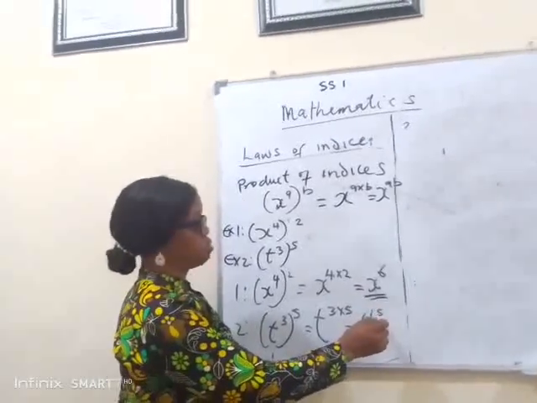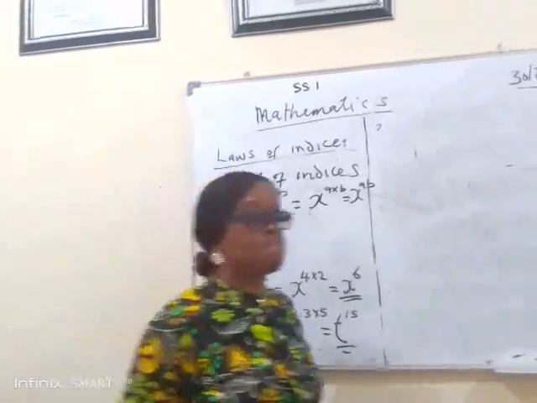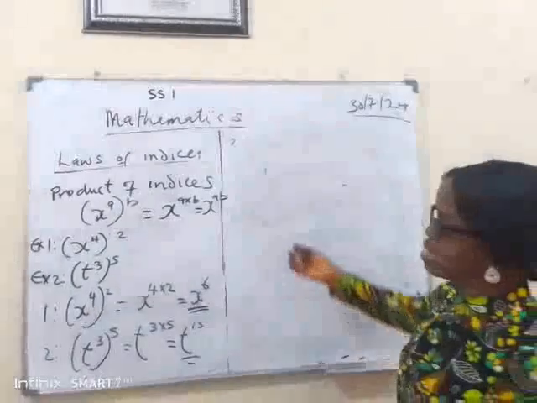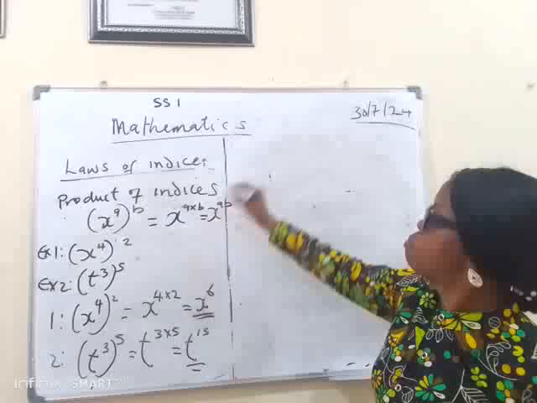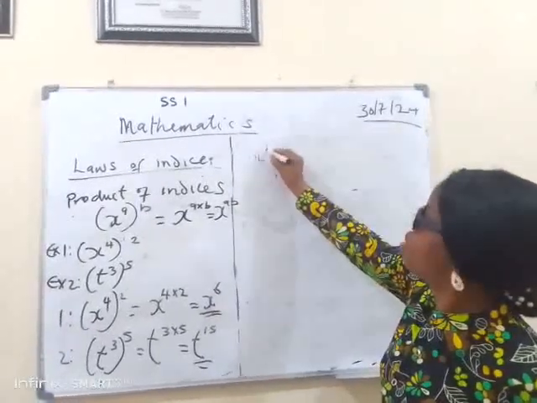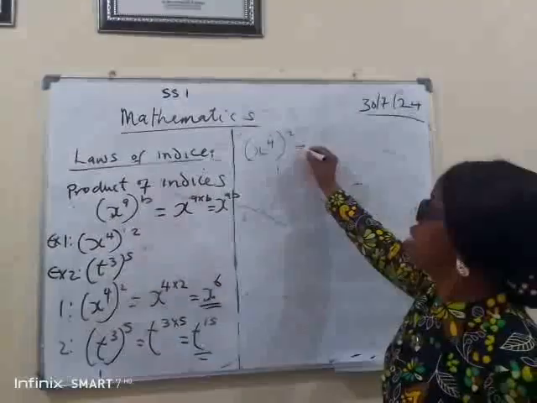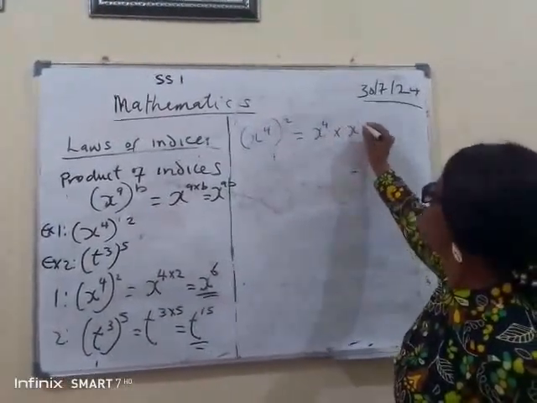Remember, you can still do it in another way using that same method that you used in your junior class. Let's look at example 1. I have x raised to power 4 all to power 2. That is x raised to power 4 multiplied by x raised to power 4. Can you see?